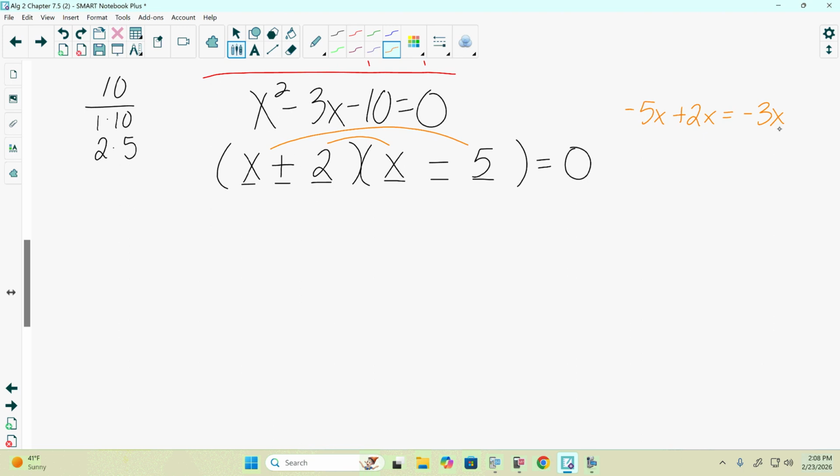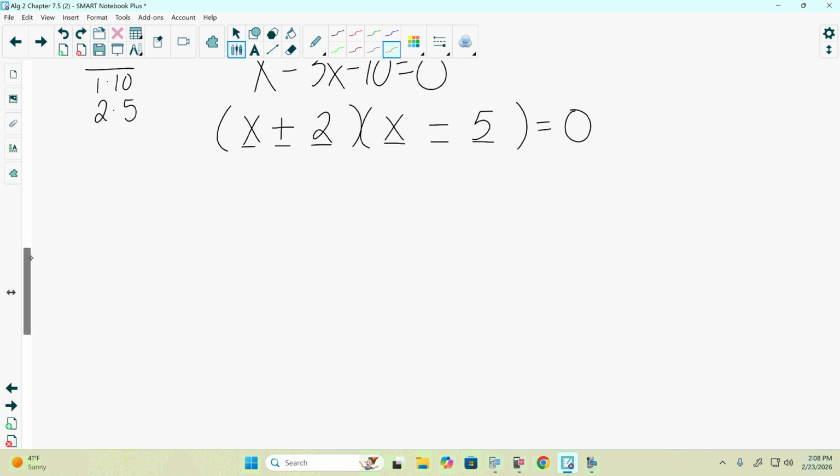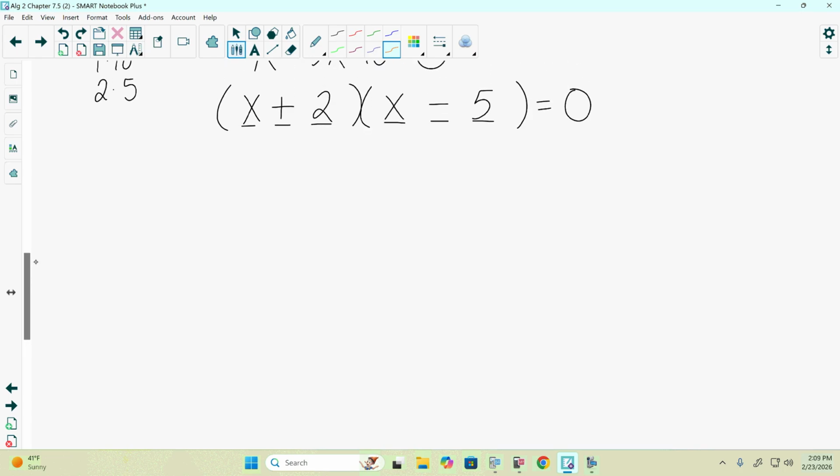So now we do have two things multiplied together that equal 0. And according to the zero product property, the only way we can multiply 2 or more things together and get 0 is if one of them is 0. So that's telling us that either x plus 2 is 0 or x minus 5 is 0.